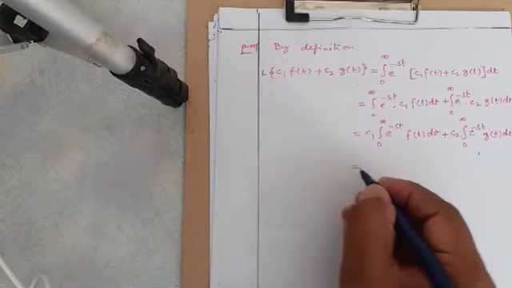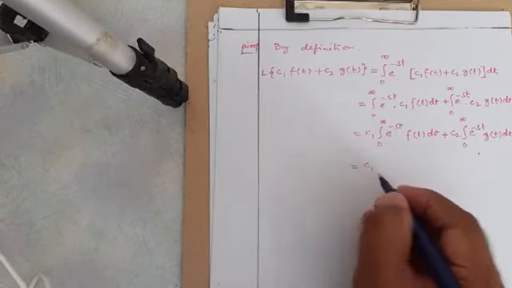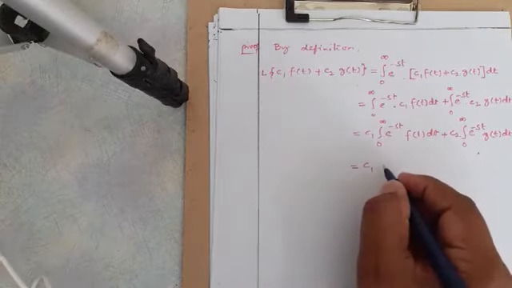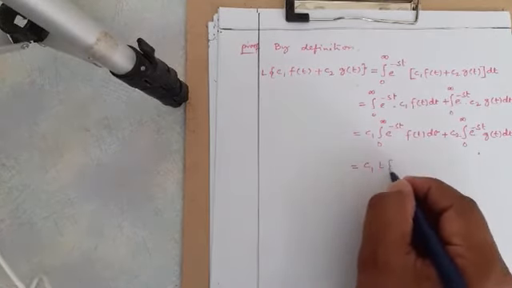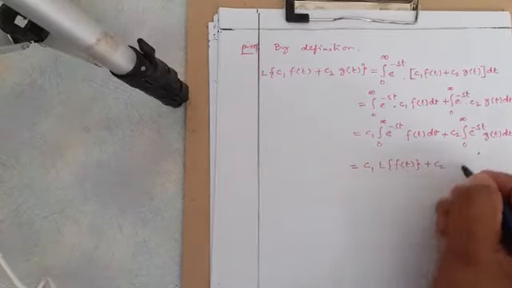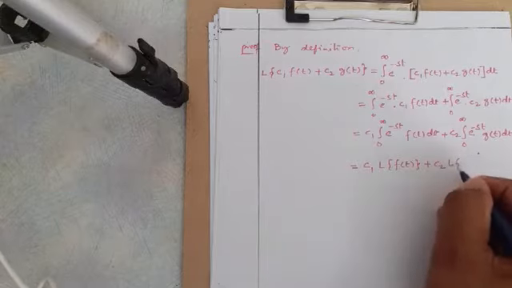In the next step we can write c1, and this is the definition of Laplace of f of t. So we write c1 Laplace of f of t plus c2 Laplace of g of t.